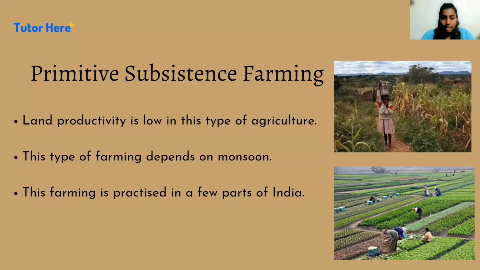When the soil fertility decreases, the farmers shift and clear a fresh patch of land for cultivation. This type of shifting allows nature to replenish the fertility of the soil through natural processes. Land productivity is very low as the farmer does not use fertilizers or any other modern inputs.